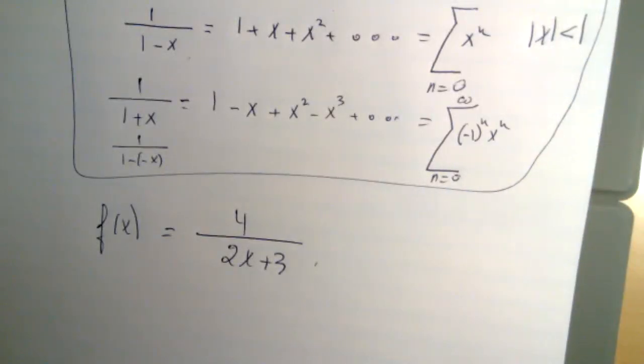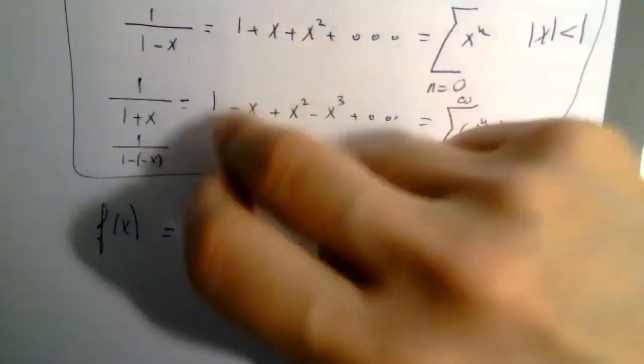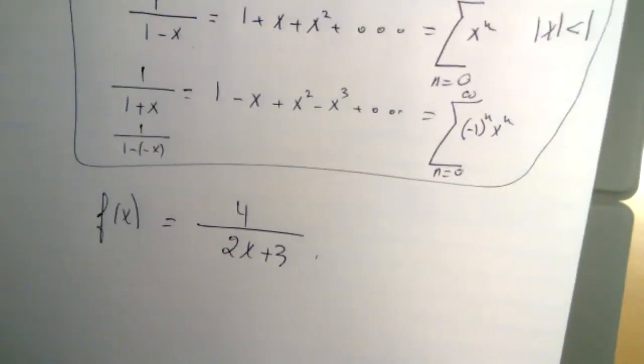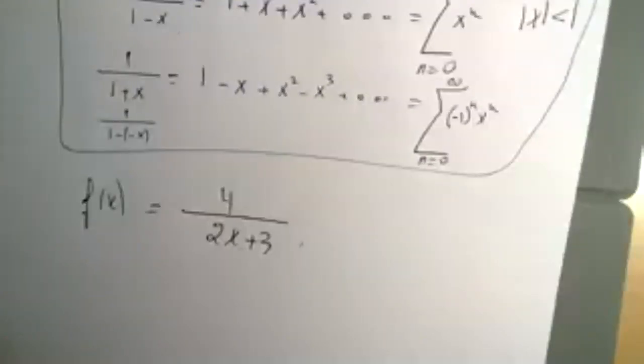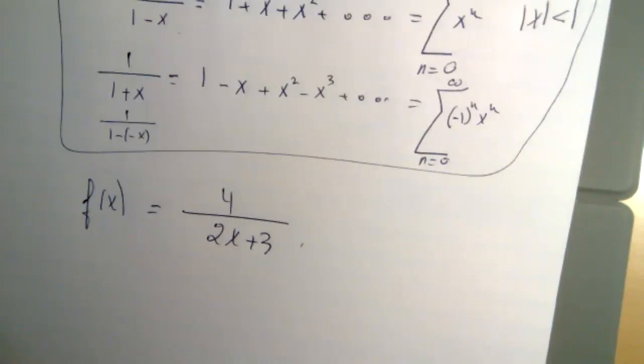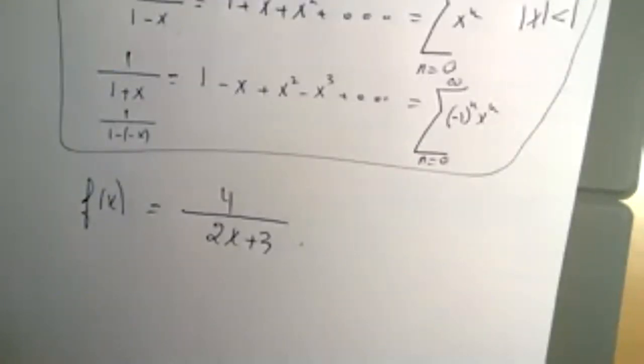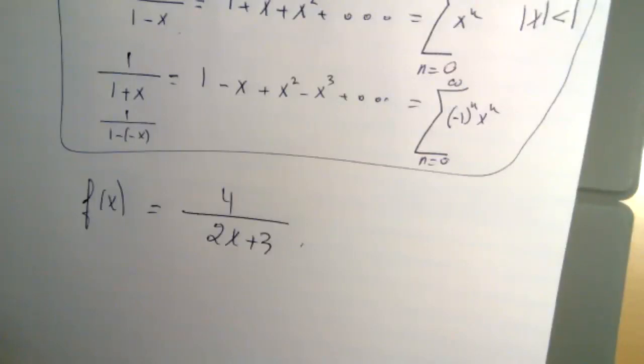Unmute and tell me, or write it up the best you can. I need to rewrite it to fit one of those and then do the substitution. So how can I do that? I'm listening. Divide by 3. Okay, or factor out 3, right?